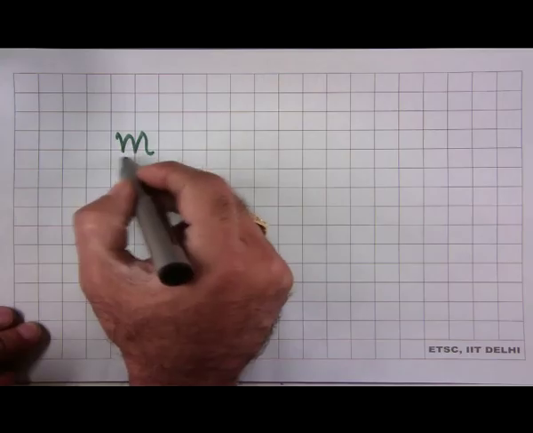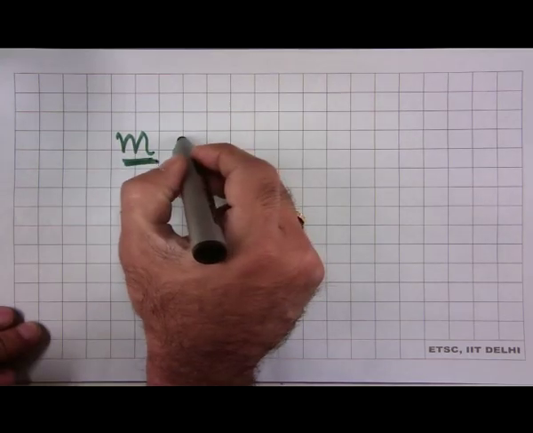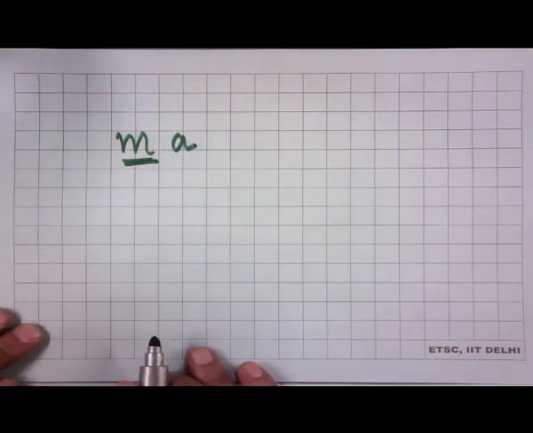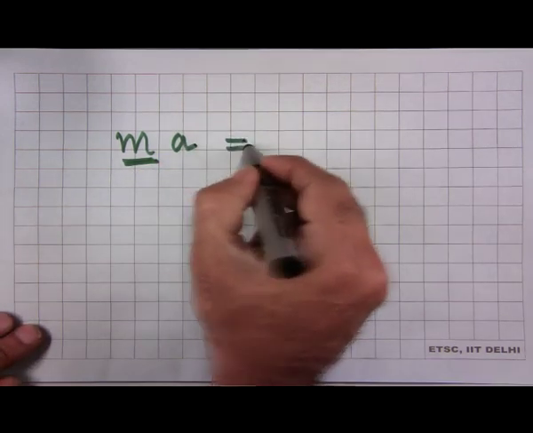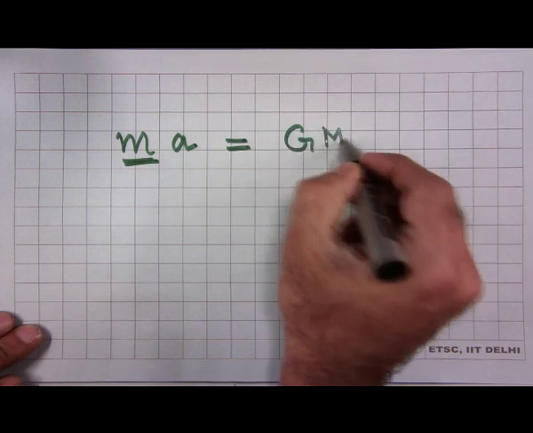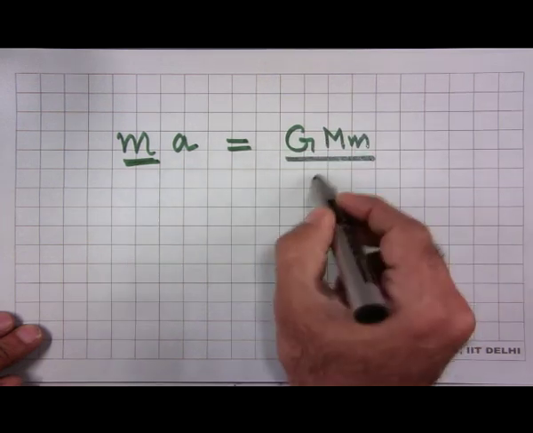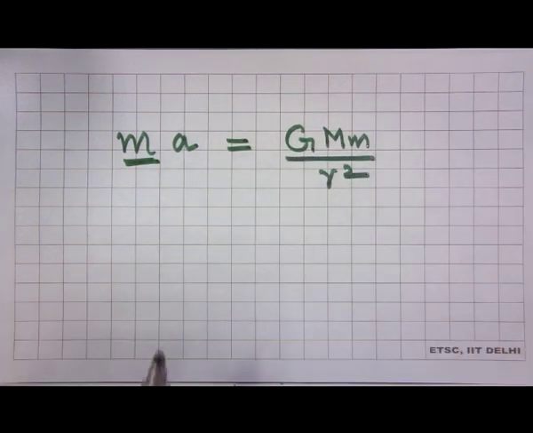I have a body of mass m, and it is going to move with a certain acceleration, and I want to write G M m by r square. Let us assume that this equation is correct for the time being.